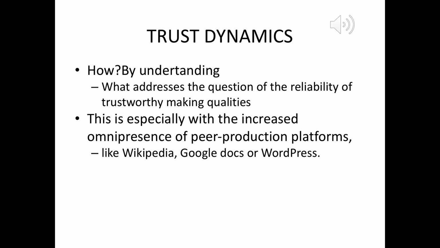It's a cyclic process in which we constantly reevaluate our situation and our trustworthy qualities. And we constantly ask ourselves, how reliable are those trustworthy making qualities? This is especially important in online production platforms, like Wikipedia, Google Docs, or WordPress, where crowdsourcing is used or where the content is constantly changing.